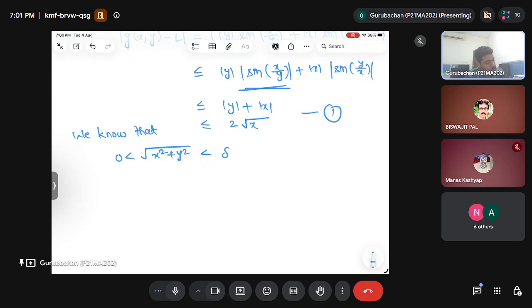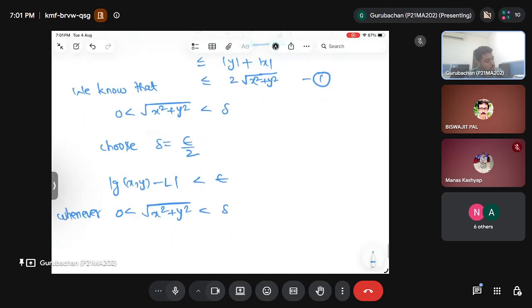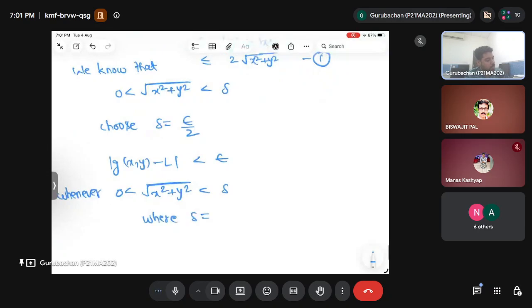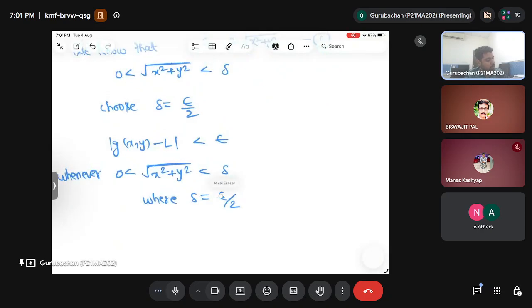Then you will get g(x,y) minus L is less than epsilon whenever your deleted neighborhood, that is 0 less than under root of x square plus y square is less than delta, where delta is epsilon by 2. And what will be your answer? That means the limit as (x,y) tends to (0,0) of g(x,y) is 0.